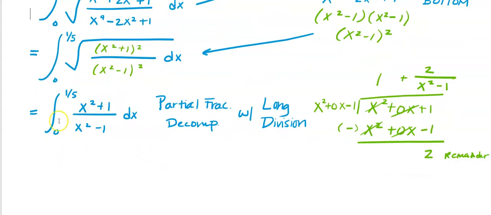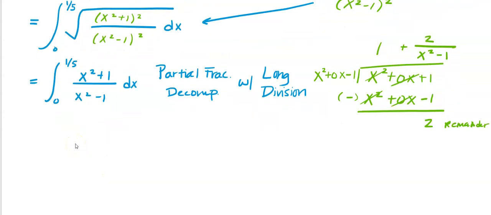So let's rewrite this integrand using this long division piece. Okay, so we have the integral from 0 to 1/2 of 1 plus 2 over x squared minus 1 dx.